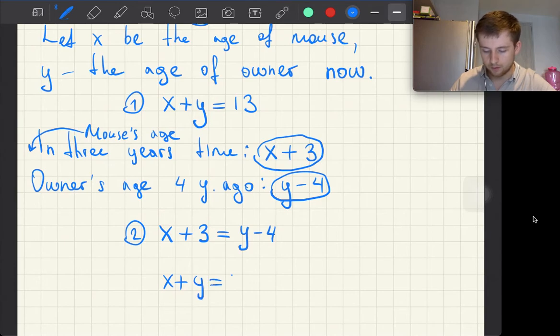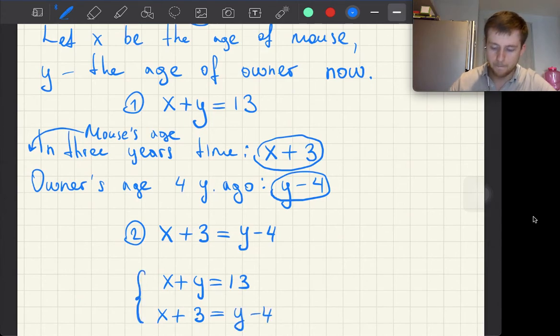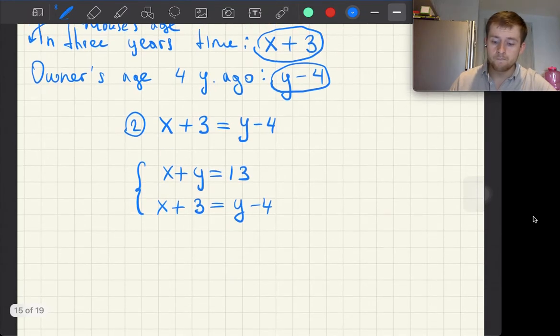x plus y equals 13, x plus 3 equals y minus 4. What can we do here? It looks like elimination would be alright.